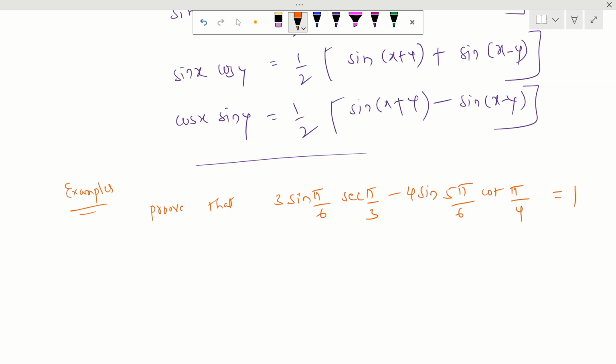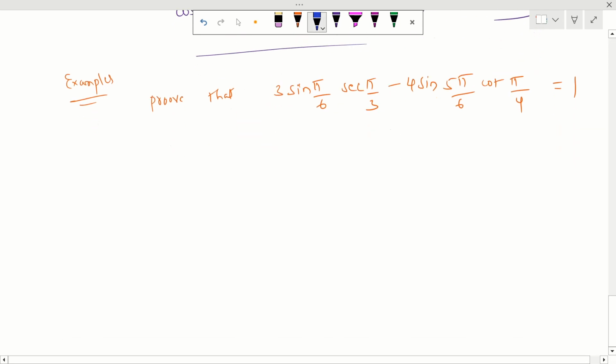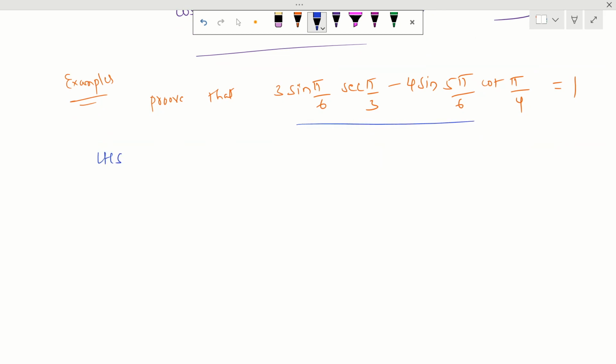We have to prove this is equal to 1. Now we take the LHS term here. This is the LHS term, this is the RHS term.